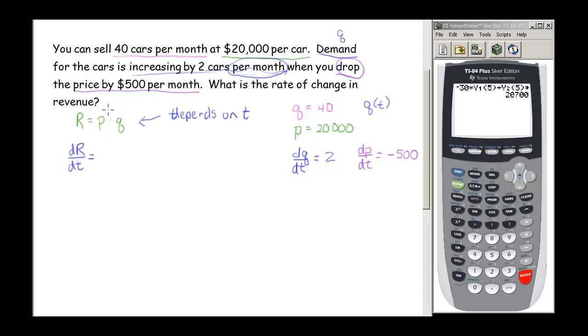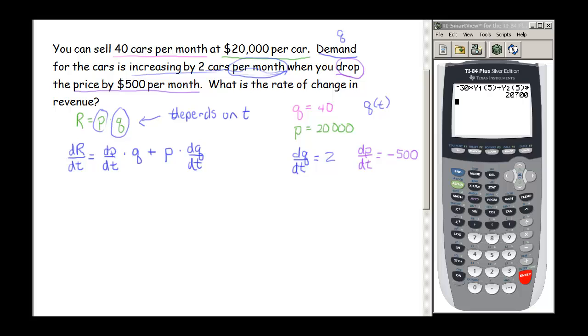Okay, and then we have to use the product rule here. So we have two functions that are being multiplied. So take the derivative of the first, we're going to call that dp dt times q plus p times dq dt.